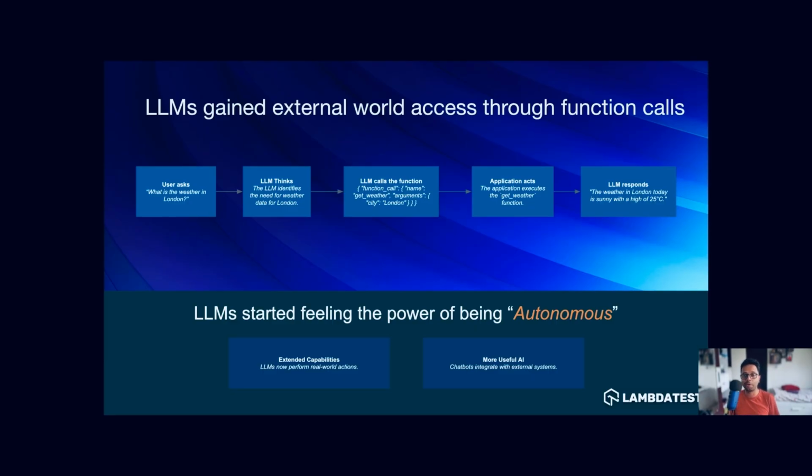In the same way, we thought if we can give LLMs some set of tools, right, where it can use them in an autonomous way, whenever the question is asked, regardless of the user providing that information, things would just be amazing, and they were, right? So we extended the capabilities of LLMs to perform real-world actions through these function calls, right? And we started seeing that it has started to become more useful for us.